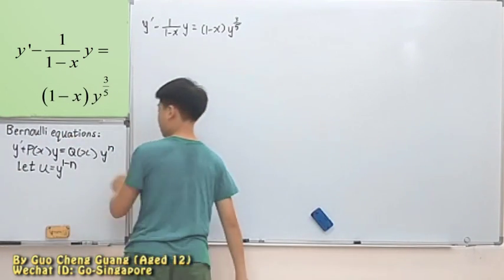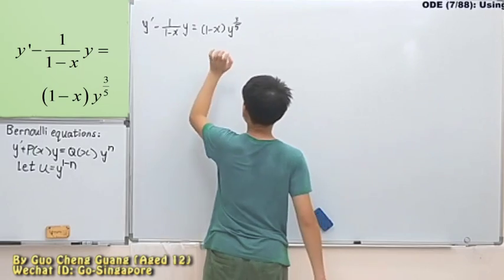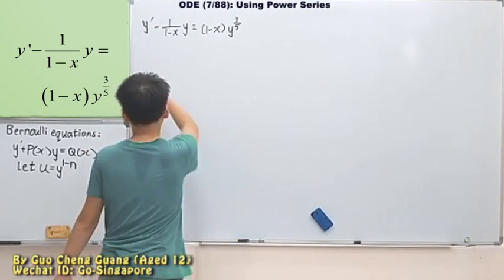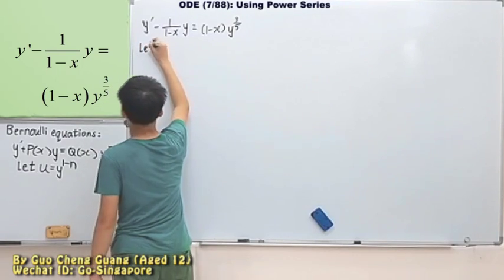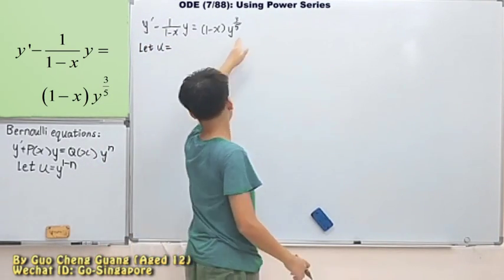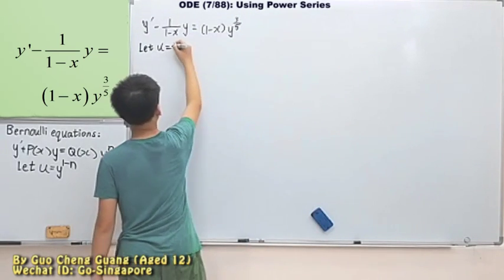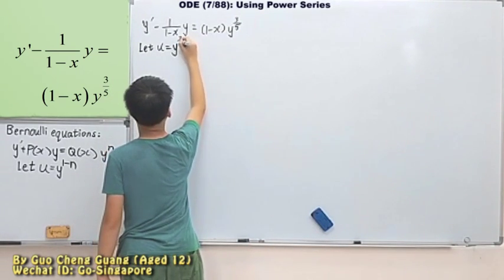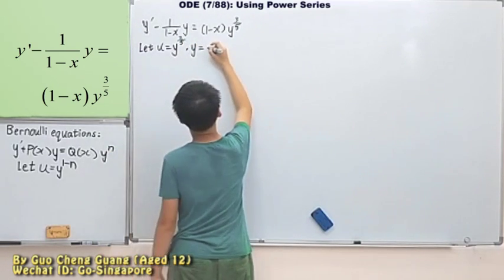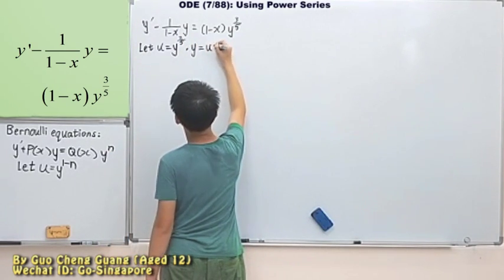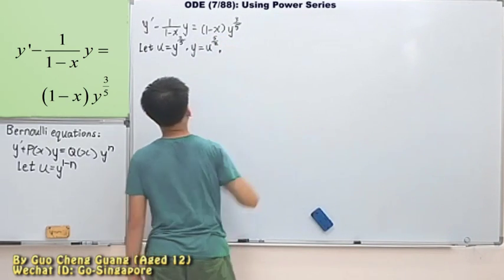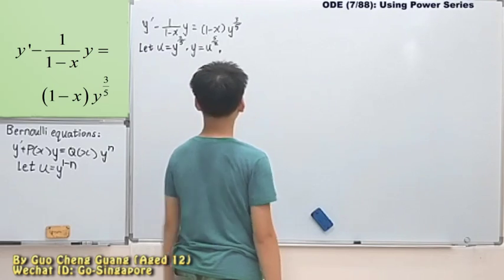Then we just continue to solve it like this. So let's take a look at what we'll get for this case. 1 minus 3 over 5 means it is 2 over 5. And that means y will be u to the power of 5 over 2. Okay, fine.